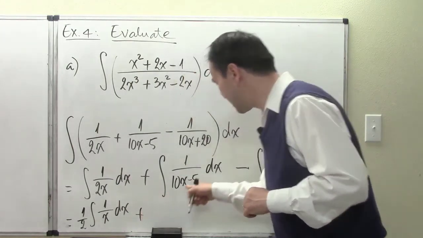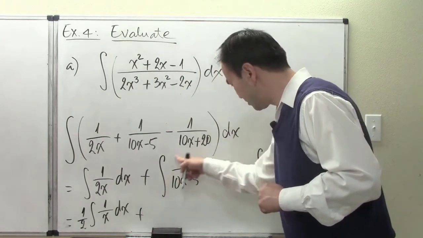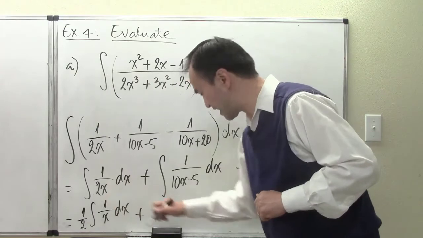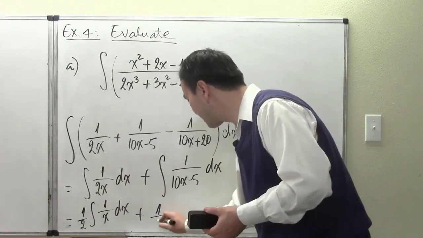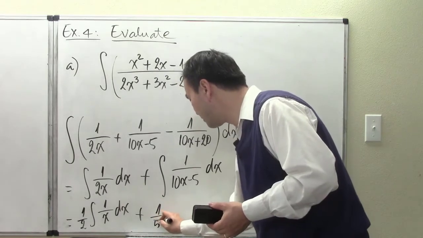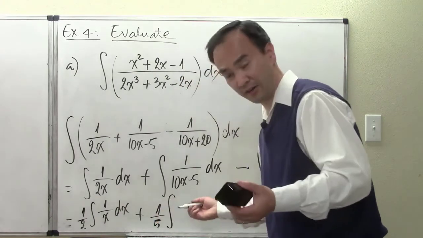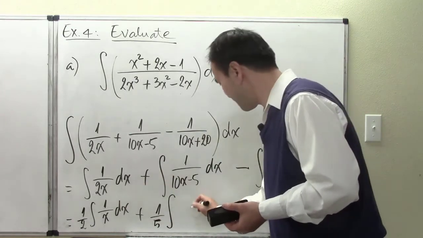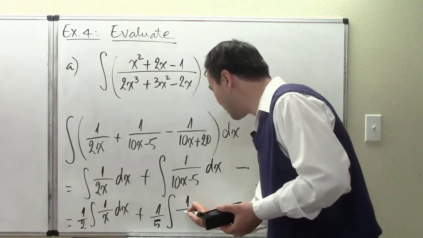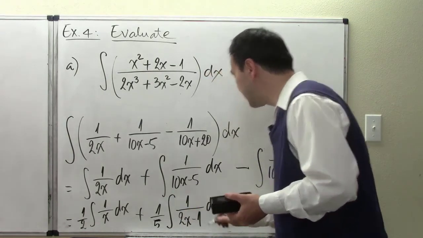Plus, now I see this, if we can see that we have a common factor of 5 in the denominator. So this is a similar experience with that algebraically. Now I can pull out that 1/5 in front of the integral as a coefficient, because there was a rule that allowed us to bring the coefficient in front of an integral. And so now we're looking at 1 over 2x minus 1 dx.